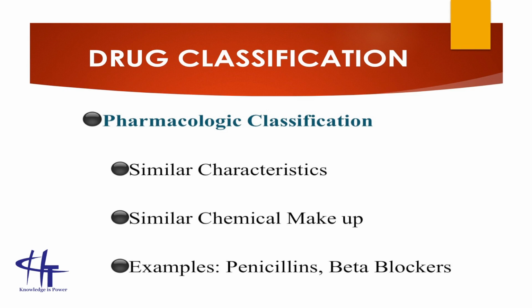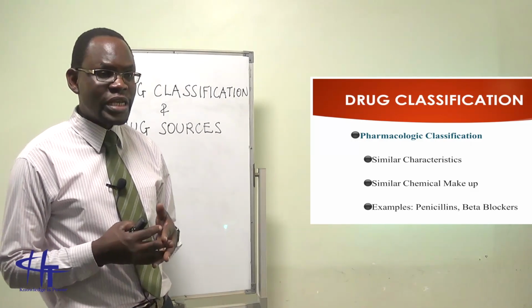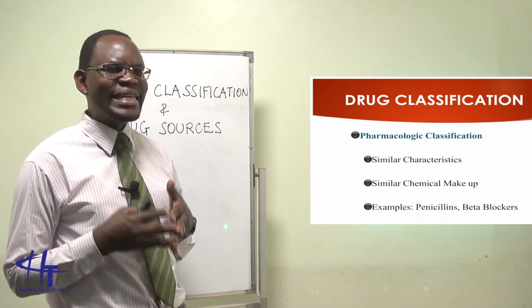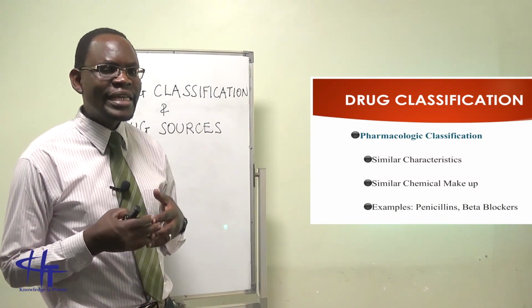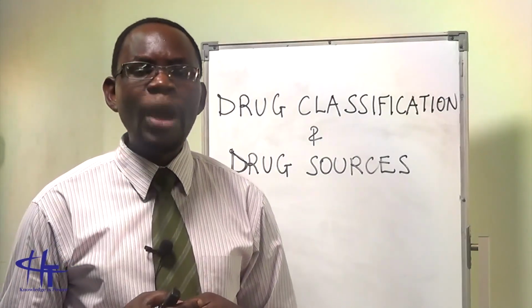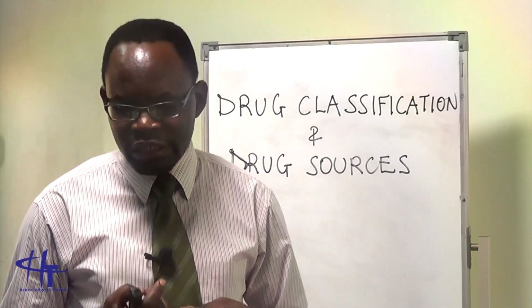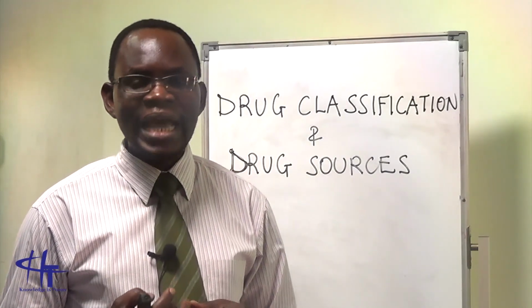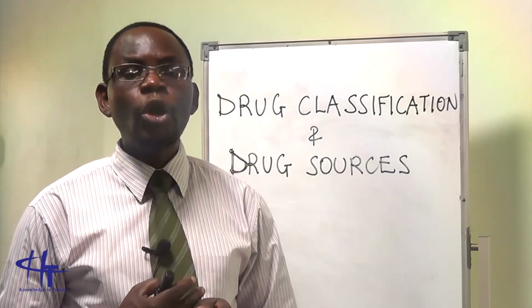Like, for example, penicillins and beta blockers. We are going to see that these are completely different drugs in terms of therapeutics, in terms of what they do. However, they have almost the same characteristics and same chemical makeup.